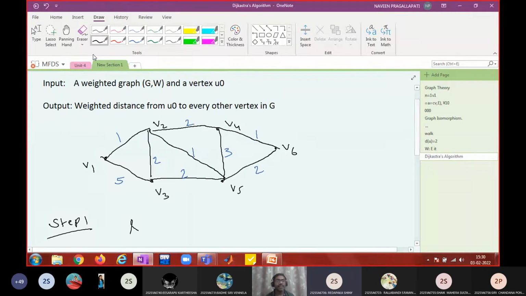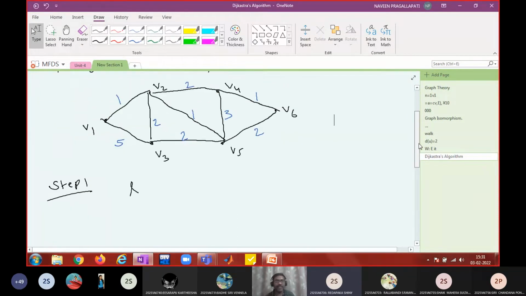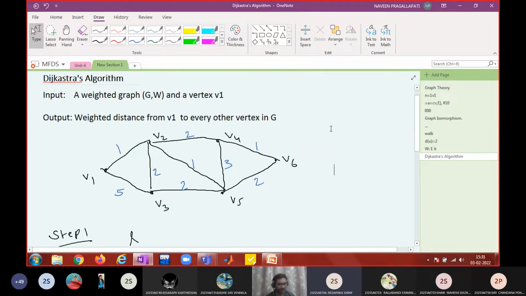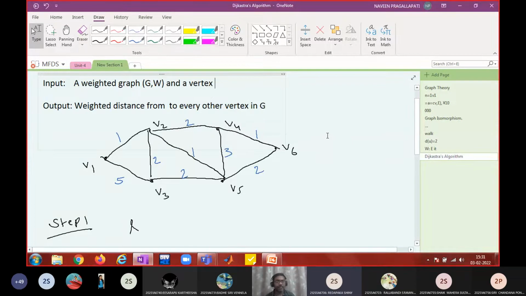In this case, because I'm using v1, you may start with v1.